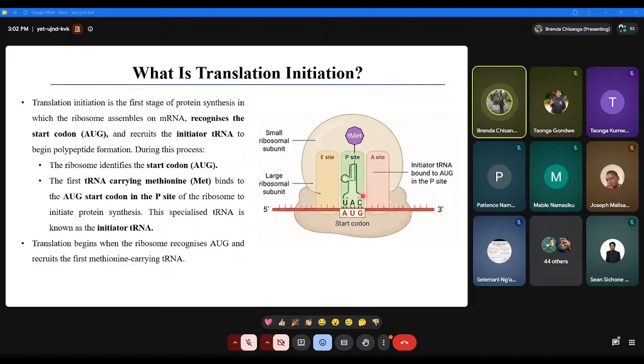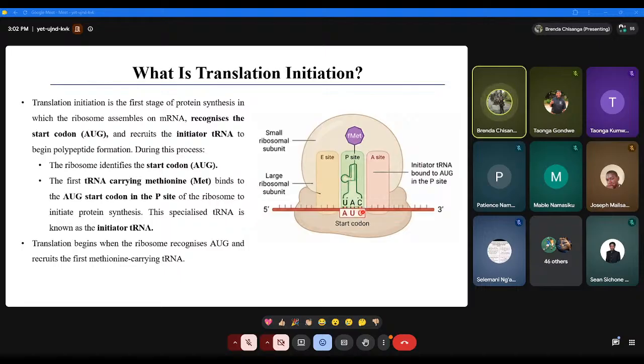But the first tRNA that comes into the ribosome to recognize the start codon on the mRNA enters the ribosome at the P site. This tRNA, if you can see up there, is designated as fMet. This is formyl methionine tRNA. And in the next slide, I'll explain why that is so.